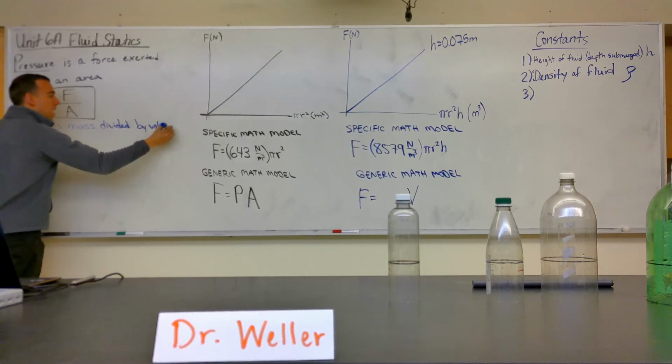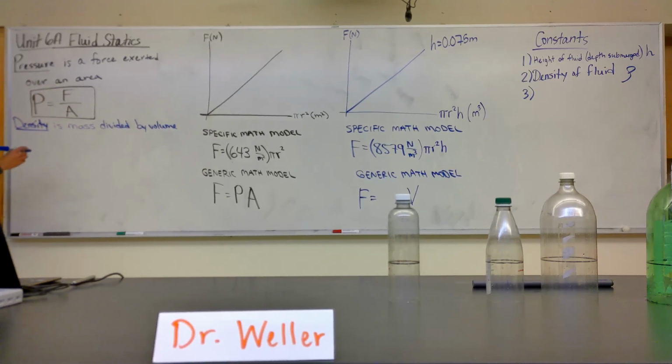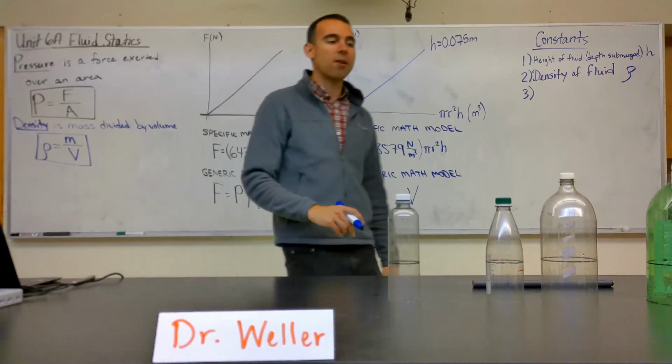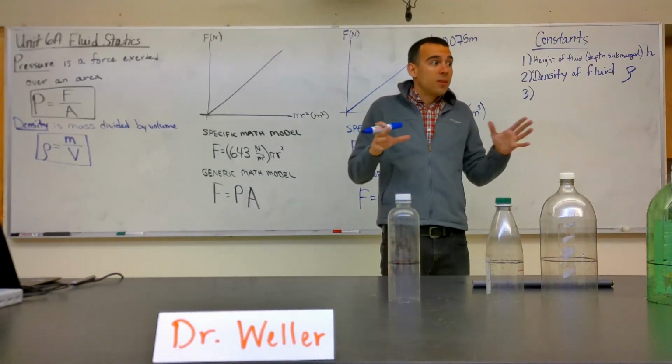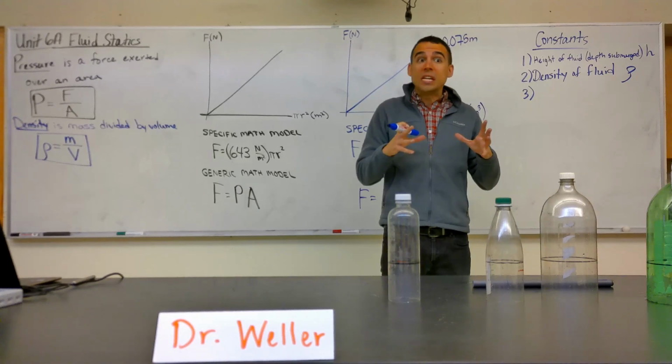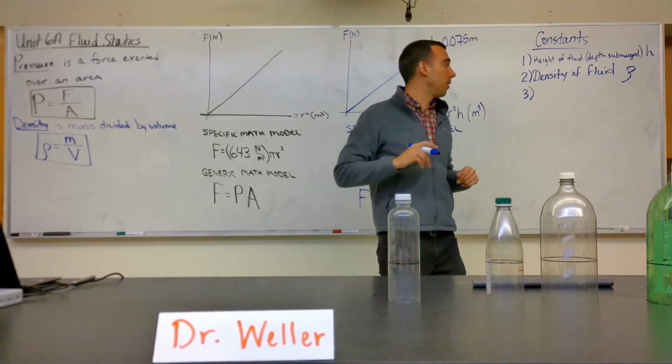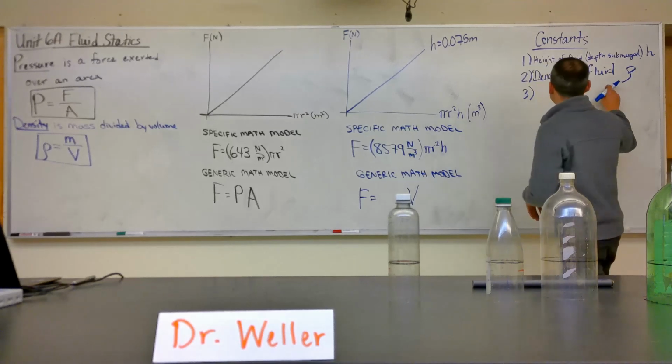It's how much mass is taken up in a given amount of space, and we use the Greek letter rho, which looks a lot like a cursive P with a tail at the end, or maybe a tadpole for you marine science majors. The equation for density is mass divided by volume. And you will find that the density of this amount of water never changes. If it was a very, very hot day, the density would decrease because the water would expand a little bit. But for now, it is a constant.